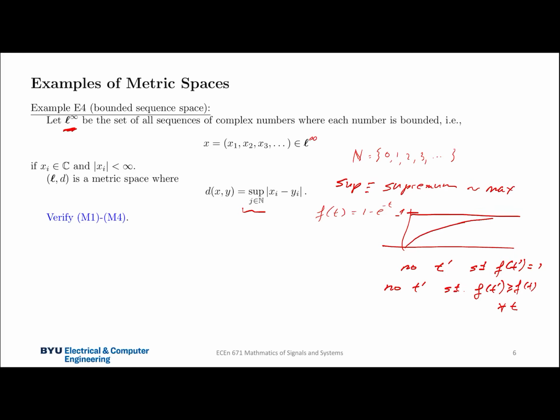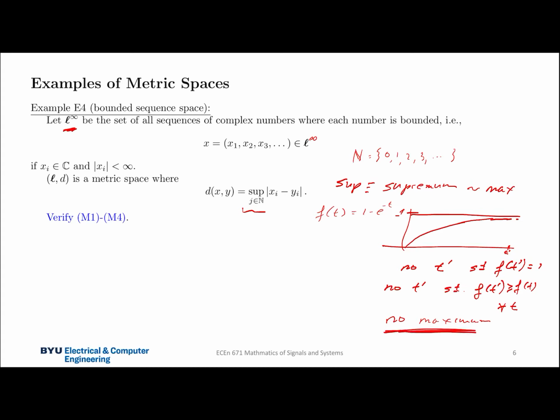Because you pick any t prime up here, and you just have to go bigger than that, and 1 minus e to the minus t is just a little bit bigger, right? So it's getting closer and closer. So there's no maximum. But you would look at this and say, well, the max is equal to 1. But a mathematician would say, no, formally there is no maximum.